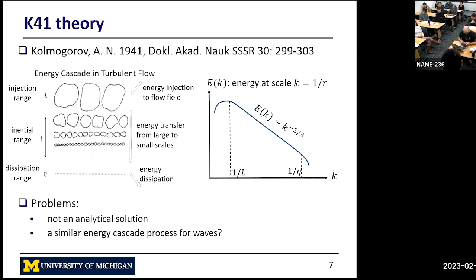And the other difference is that for all these wave systems, we can assume that the nonlinearity is not very high, meaning that basically the nonlinear term in the equation is much smaller than the other term. So I can apply some perturbation theory to deal with the nonlinear term. That is only valid for waves, but not valid for the Navier-Stokes equation.